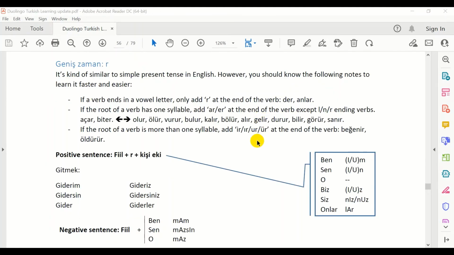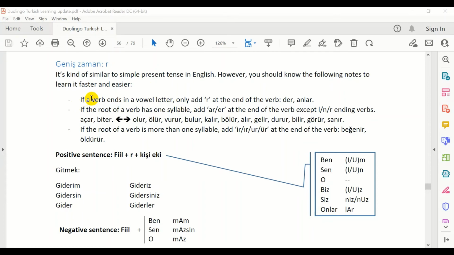Now let's study Geniş Zaman, for which we mostly use the suffix ar or er. Actually, Geniş Zaman is kind of similar to the simple present tense in English. So before going any further, let's study some notes.